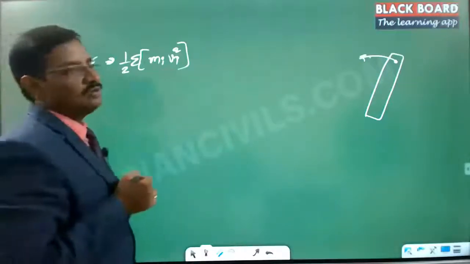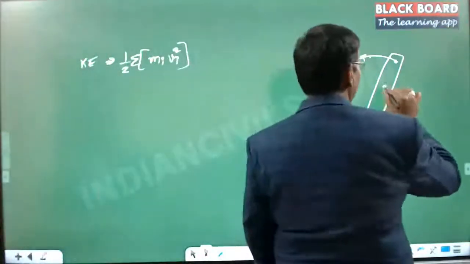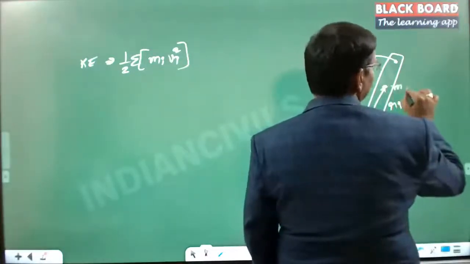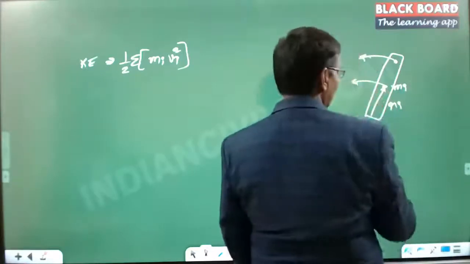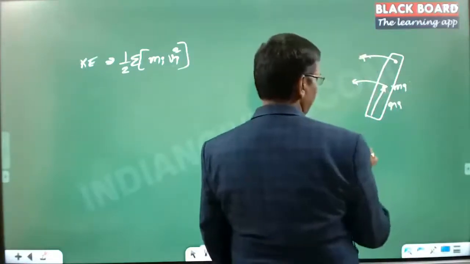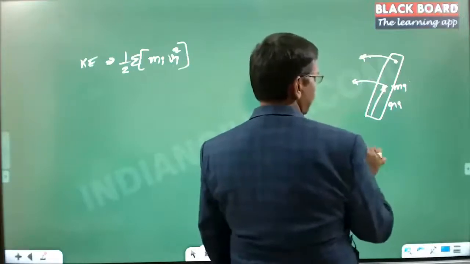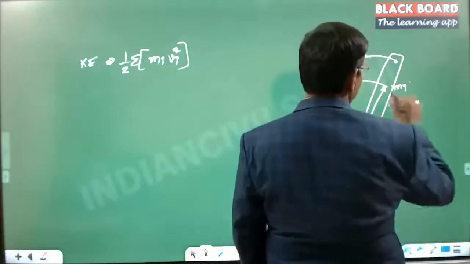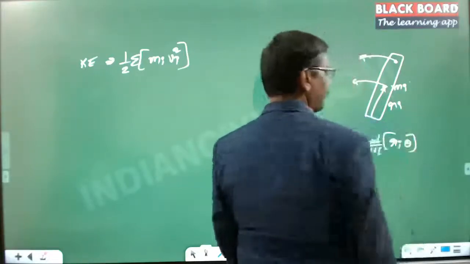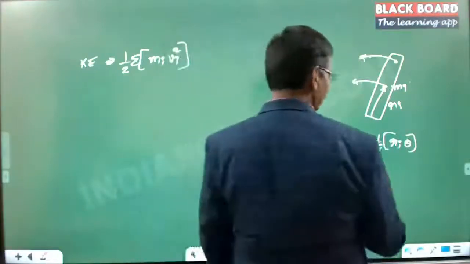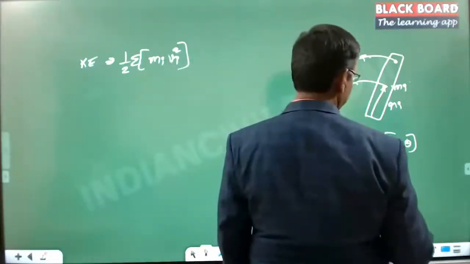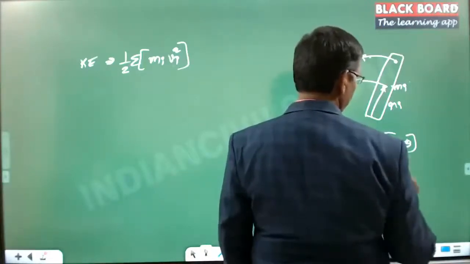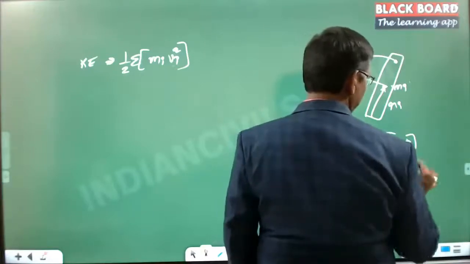Now take the ith particle at a distance r_i, with mass m_i, moving like this. If you want to calculate the velocity, v_i is equal to d/dt of r_i into theta, so r_i into d theta/dt.